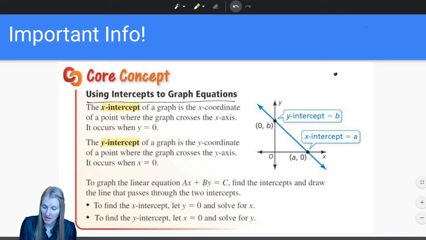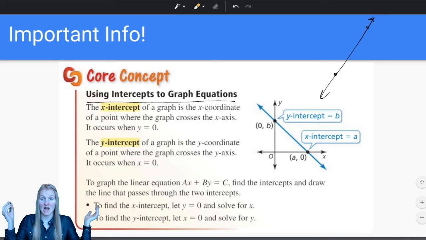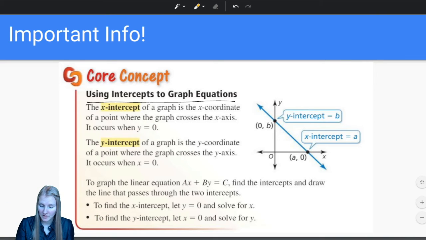I have a point here and a point here. I can draw a line in between them. And then I have a line. So, if I can find my y-intercept and my x-intercept, I can draw a line in between them. And there we go. There's the graph of my line.